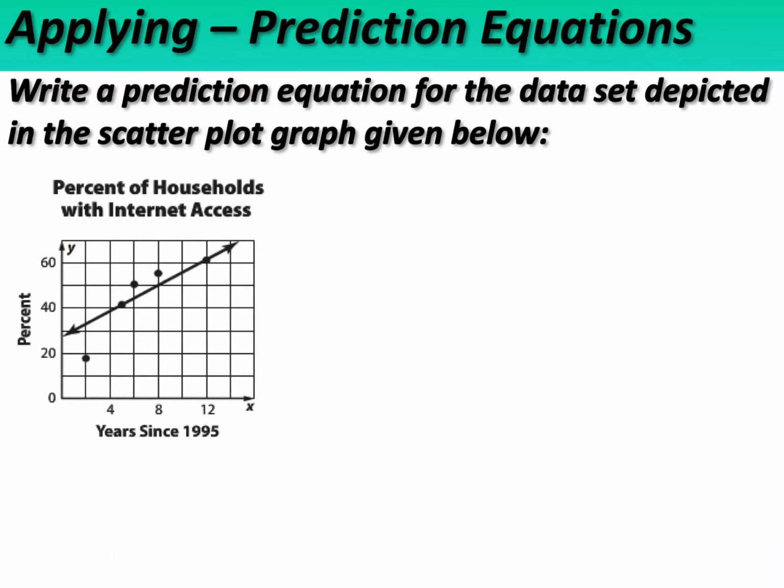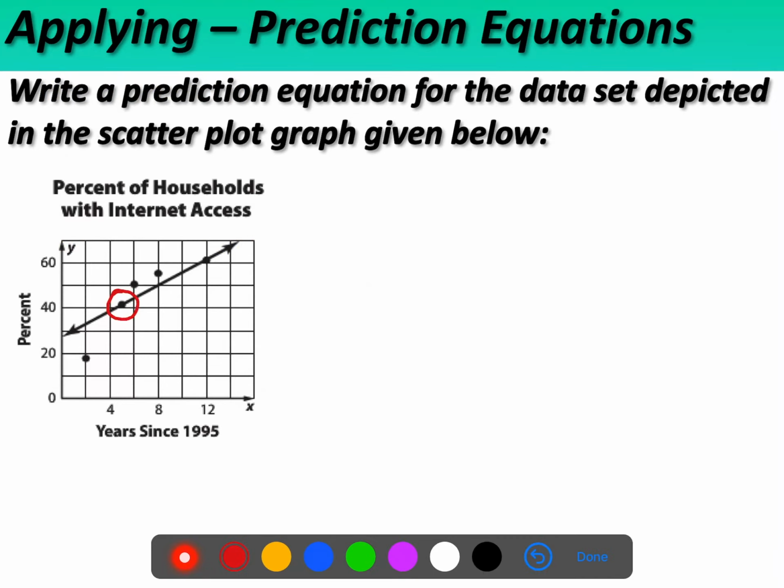In most cases, we have to create our scatter plot. This one is being given to us, and we're just going to practice writing the prediction equation. I can see that this best fit line has gone through these 2 points. This looks to be about, I would say, 5, 42 perhaps.